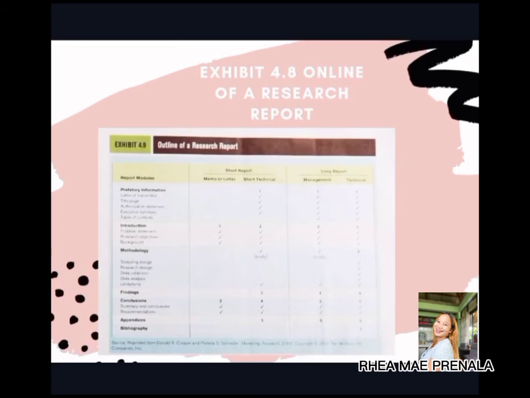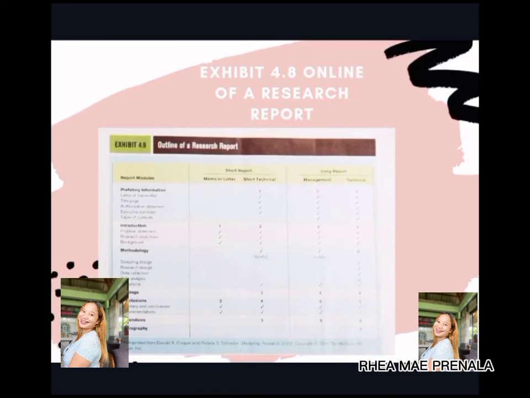In Exhibit 4.8 is an outline of a research report. The report modules are: preparatory information, methodology, findings, conclusion, appendices, and bibliography.